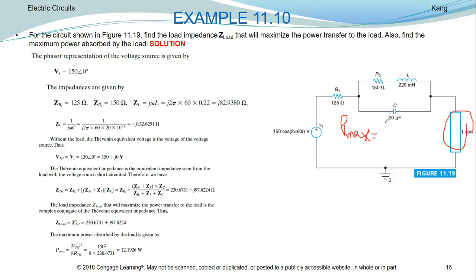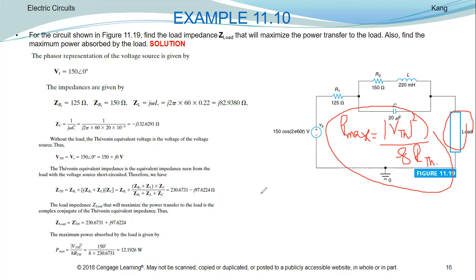So it will be equal to V Thevenin squared divided by 8 R Thevenin. Again, the maximum power absorbed by the load using the Thevenin theorem is given by P max, which will be equal to V Thevenin squared divided by 8 R Thevenin. So now how to find V Thevenin and R Thevenin respectively.